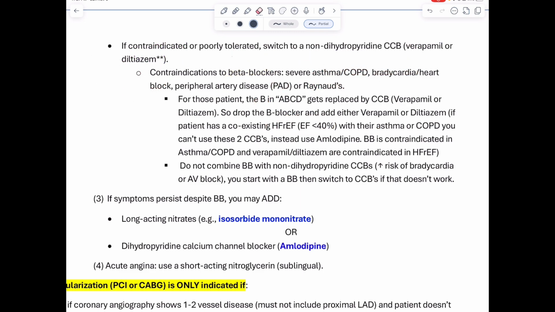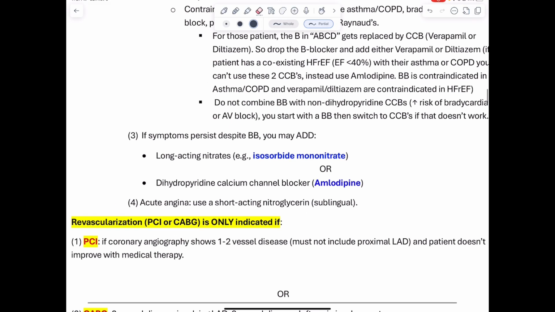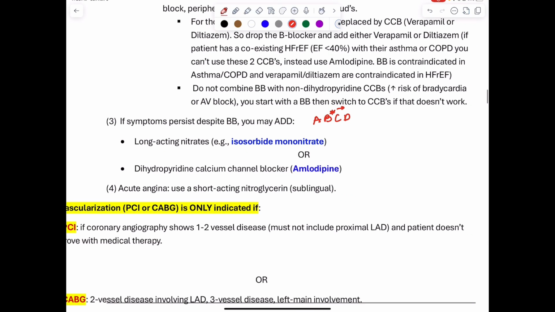Okay. And let's say you give them the A, B, C, and D. Again, asterisks here because we said this could be switched out if there is a contraindication to beta blocker or if there is heart failure with reduced ejection fraction. Let's say you gave them all of this and they're still having angina symptoms. What are you going to do? Again, let me go back and say one thing.